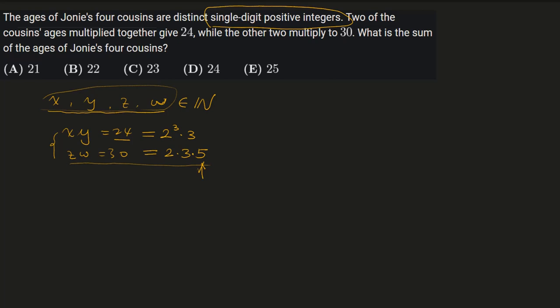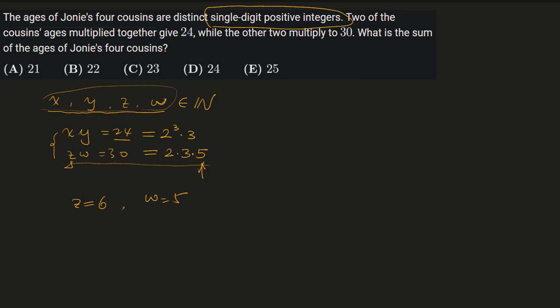Otherwise, you get a minimum of 10, which is already a 2-digit integer. Therefore, one of the solutions, let's say w got to be 5. And then z got to be the product of 2 and 3, which is still a 1-digit integer. Therefore, z equals 6. So here is a very nice starting point, right?